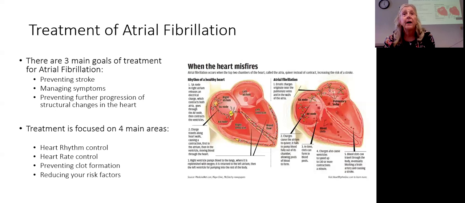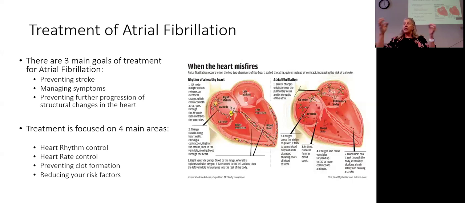I'll talk about it right now. If the top part of the heart is going like this, and the blood, instead of going out of the ventricle, is just hanging out up there, then if blood just hangs out, it forms clots. It goes over in this little side unit, which I'll show you on a next slide, and really forms clots over there.